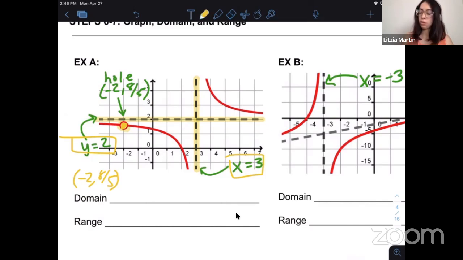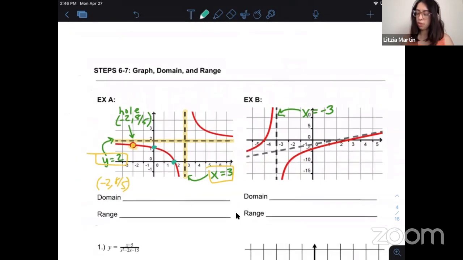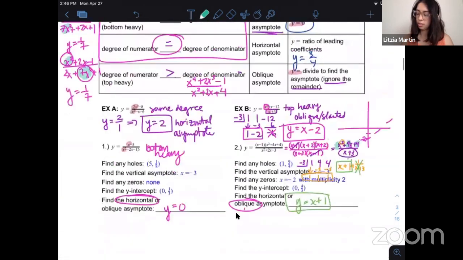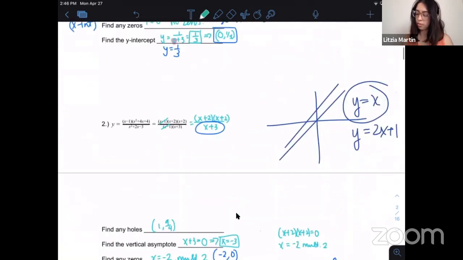And one of those is the zeros. So we can see here the zero of our function is x equals 2. And then we also had a y-intercept. What was that y-intercept? Let me scroll back up really quickly.